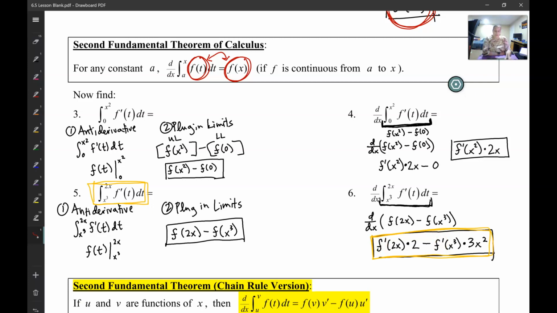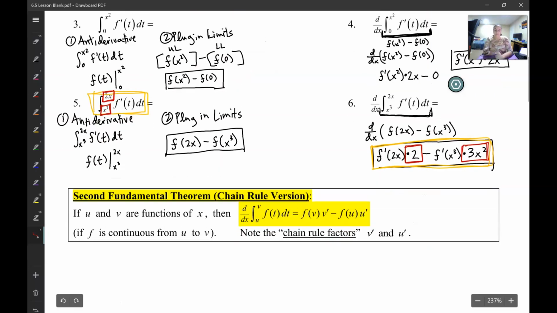The only thing that's happened is I've plugged in my limits, 2x and x cubed, and subtracted them, and then these right here are the big difference. I always end up multiplying by the derivative of my limits. So my limit's 2x, I multiply by the derivative of the limit. Limit's x cubed, multiply by the derivative of the limit.